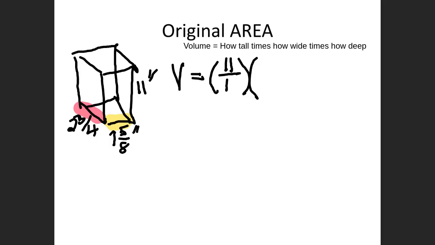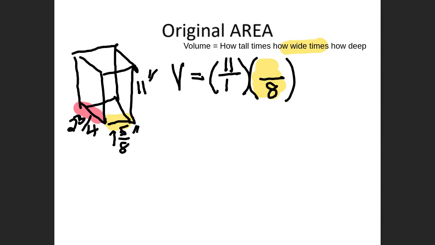Now, how wide is the box? Well, make 7 5/8, because remember we're multiplying fractions, into an improper fraction.